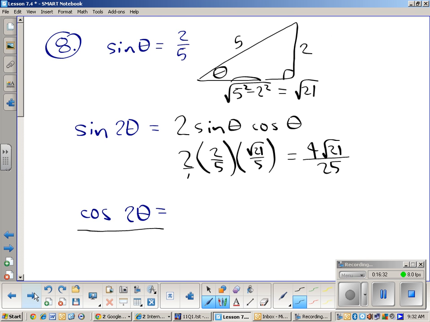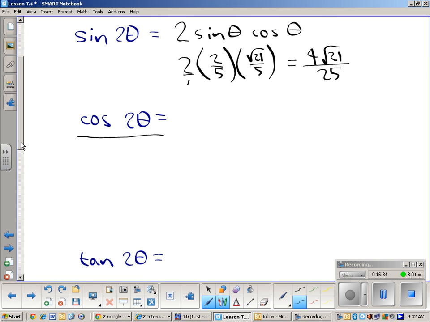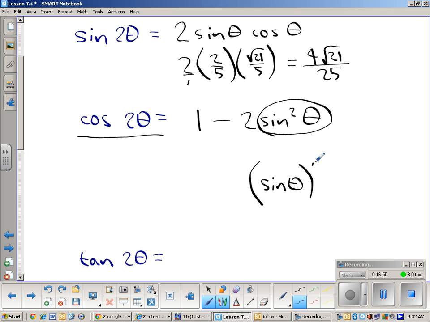And so, was it 1 minus 2 sine squared theta? Yeah. I don't think the sine squared part is confusing. When it's written like this, that means the same thing as sine theta squared. Okay?